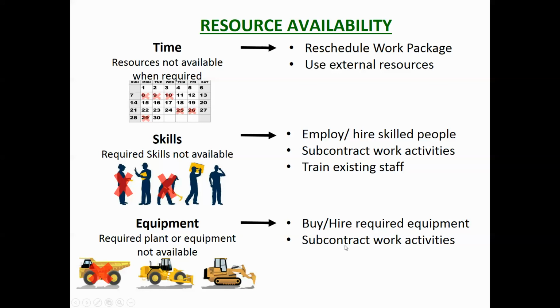Or you can subcontract it, so once more procure it out. Or you could reschedule the work package to fit when you do get the piece of equipment available to you. Okay, so yeah, it's buy or hire or subcontract the work activities to get the piece of equipment that you need. So you can see that resource availability is really quite important.